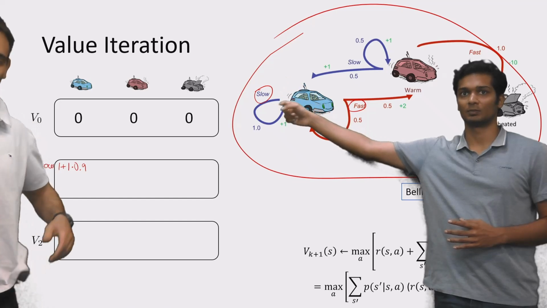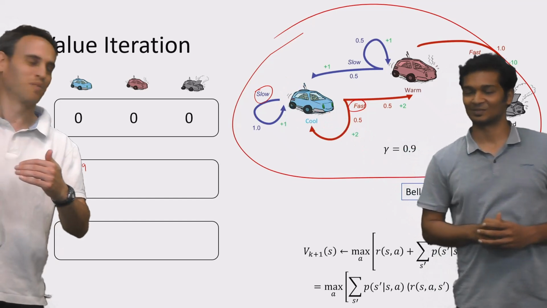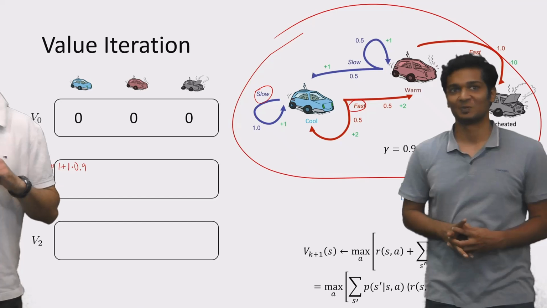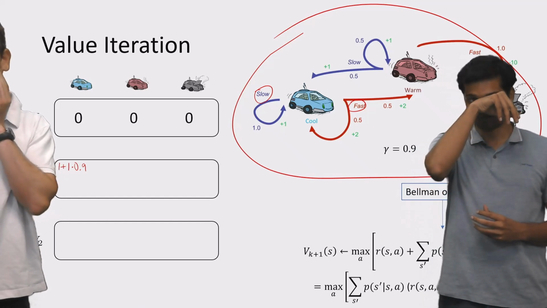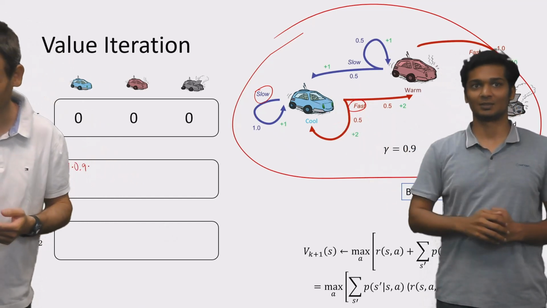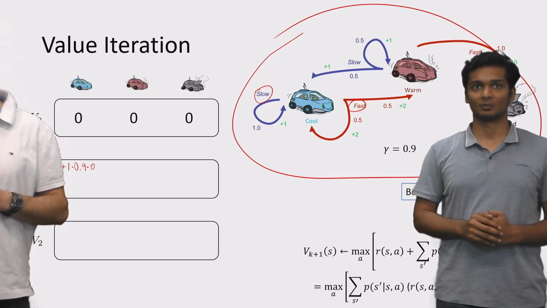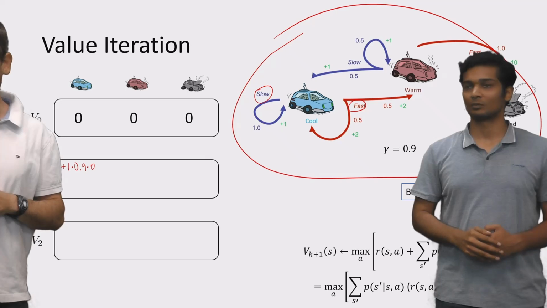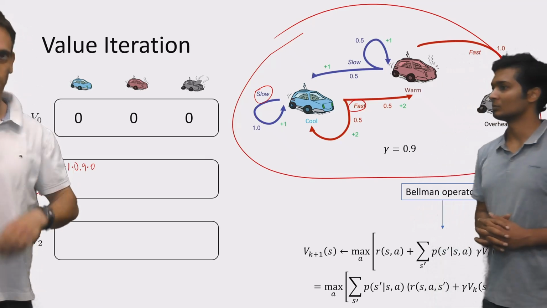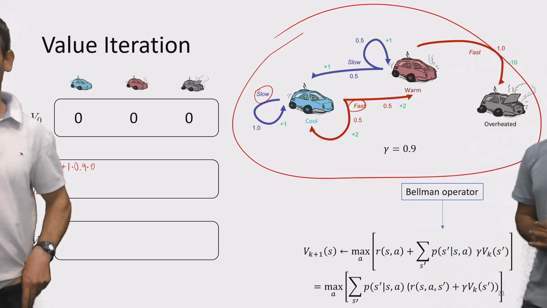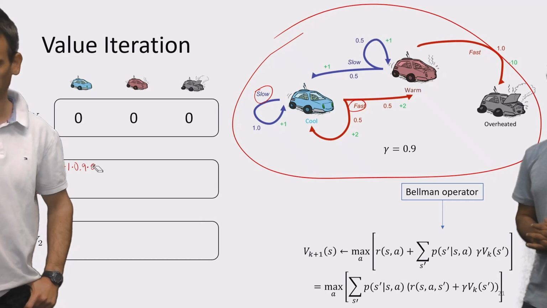So the state value at iteration 1 for state cool with action slow is just 1.